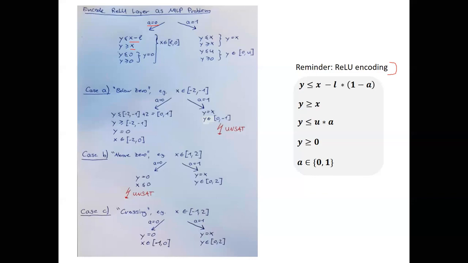So y is going to end up being less than or equal to 0. And the last constraint, y greater than or equal to 0, we have just copied. So these together imply that, obviously, y is actually equal to 0.